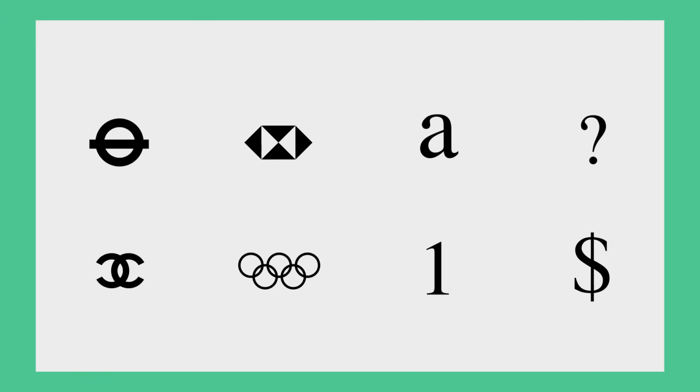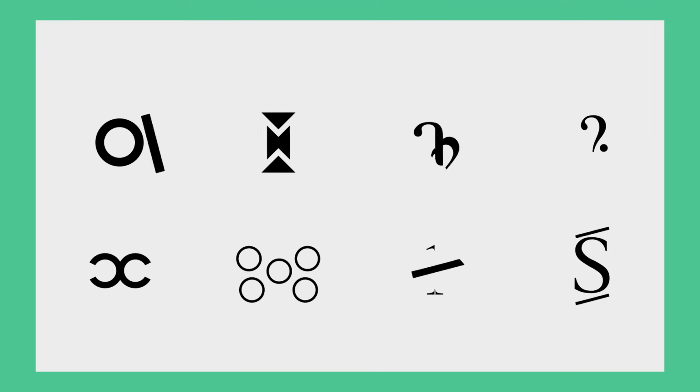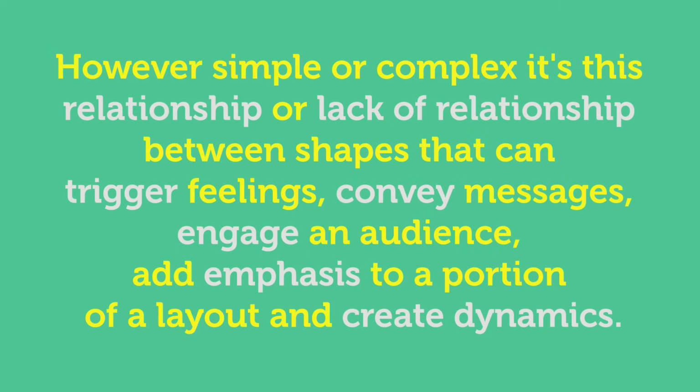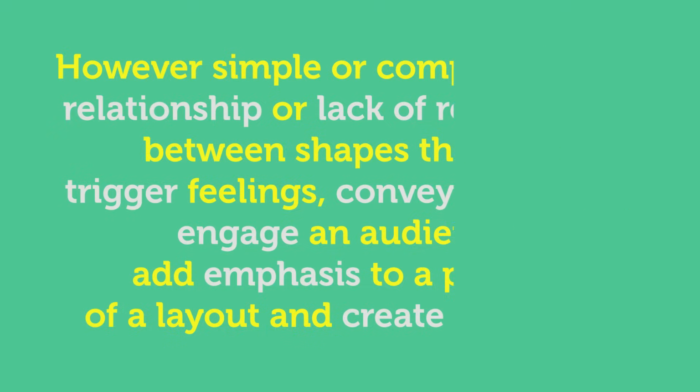If we take some of the simplest, well-known shapes and alter their proximity, they no longer have their meaning and become something entirely different. However simple or complex, it's this relationship or lack of relationship between shapes that can trigger feelings, convey messages, engage an audience, add emphasis to a portion of a layout and create dynamics. Proximity is a powerful principle to use in design. A good grasp and sense of proximity can be the difference between good and amazing design.